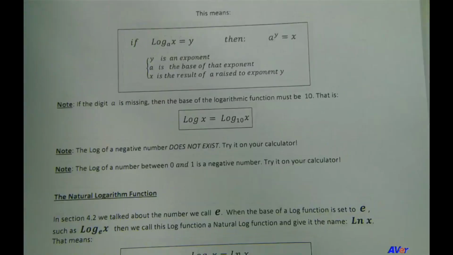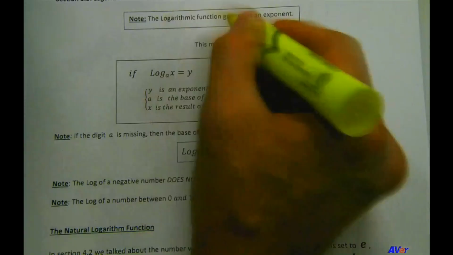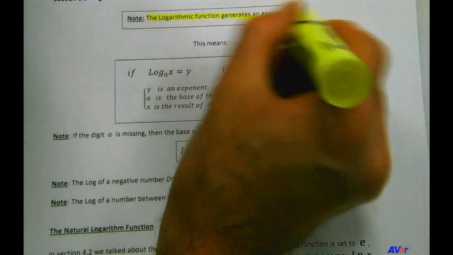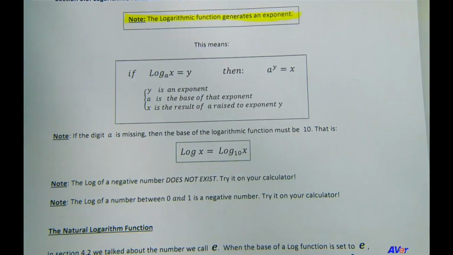Okay, so as I said, the most important thing to know about logarithmic functions is that they generate an exponent, and it's right at the top of this worksheet. The other thing we should know is that during the past couple of lessons, we talked about exponential functions. So logarithmic functions and their equivalent exponential functions are inverses of each other.